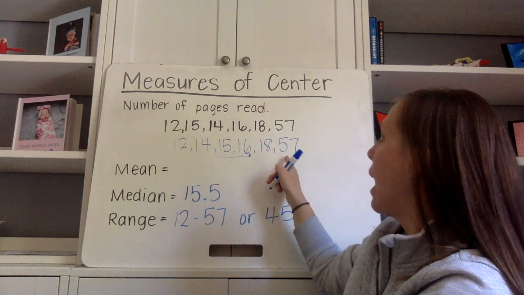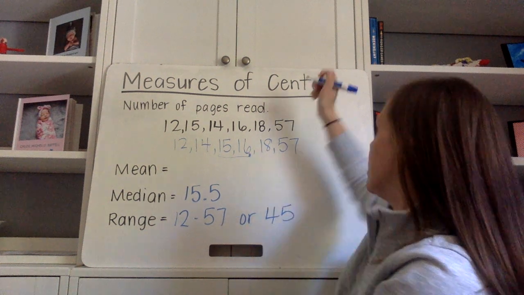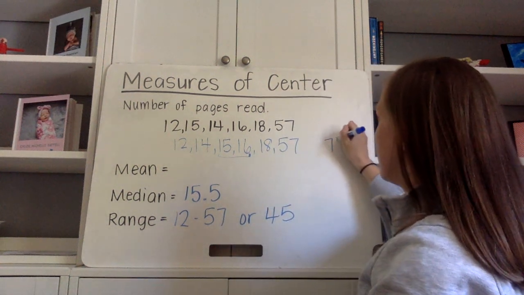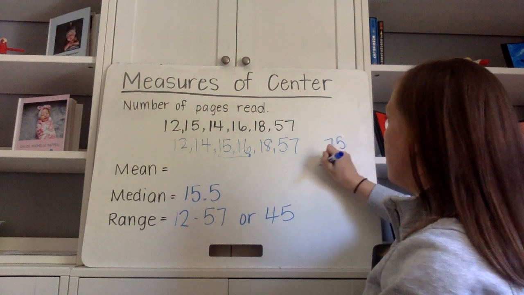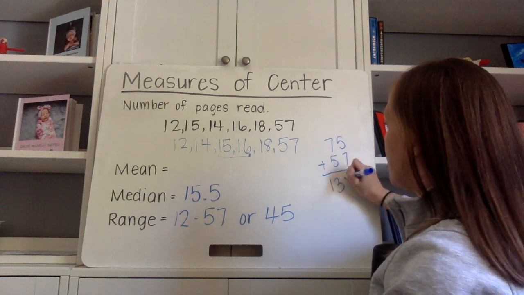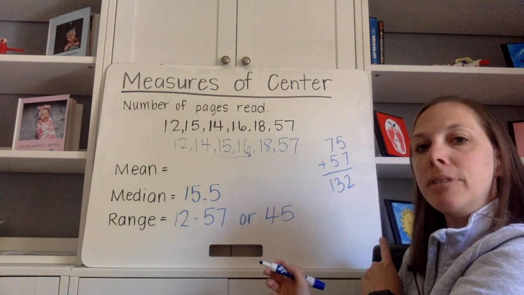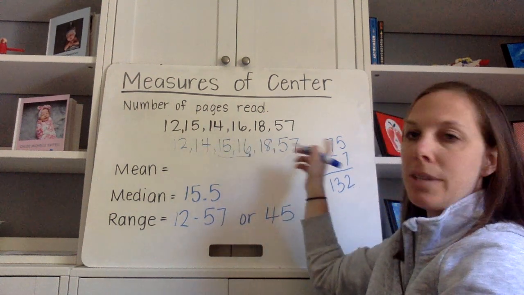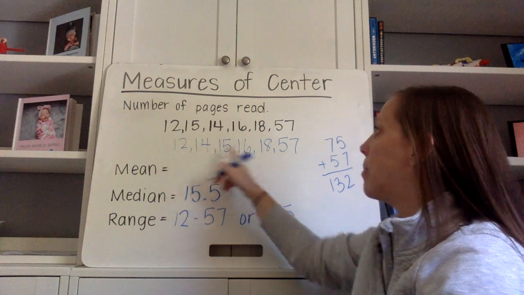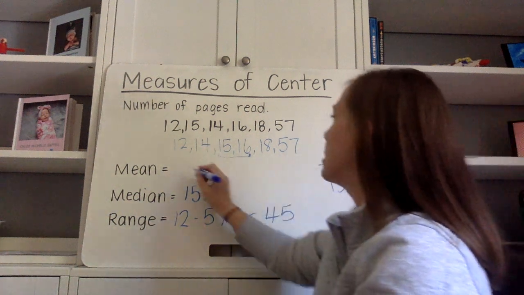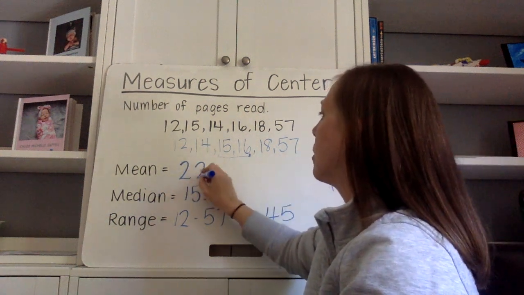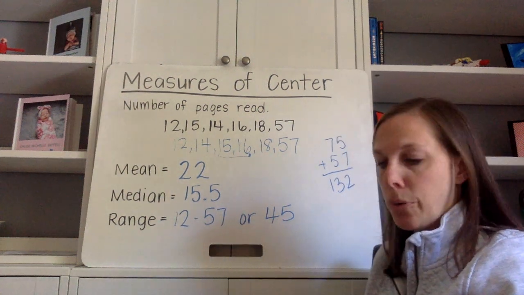And then I add my 57 to my 75, and I'm going to end up with 132. Now my mean is not 132 because now I have to divide it by my number of data points. I have 6 data points. So when I divide this, I will end up with my mean of 22.